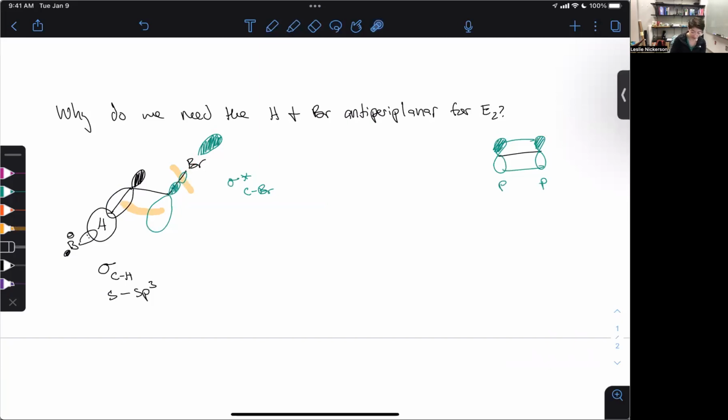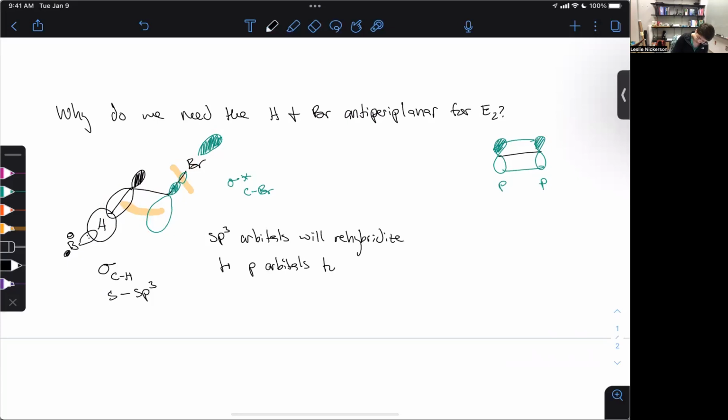Okay, so basically what's going to happen is you're going to see a rehybridization of these two orbitals to go from the sp3 to a p orbital, to form that pi bond.